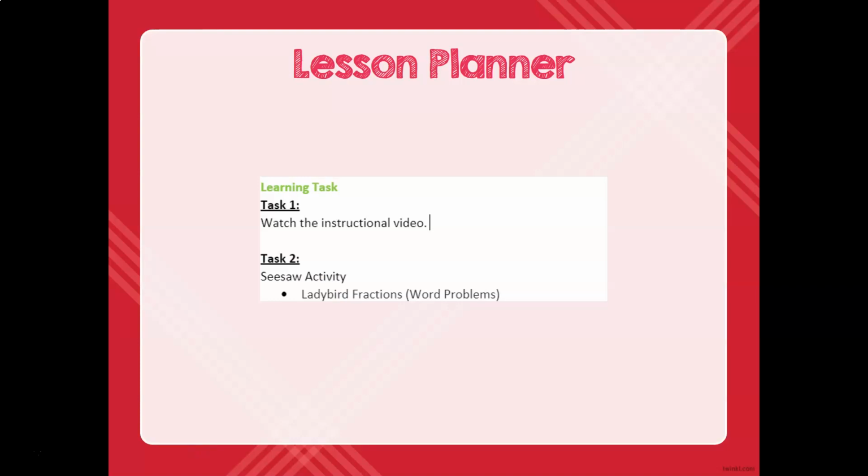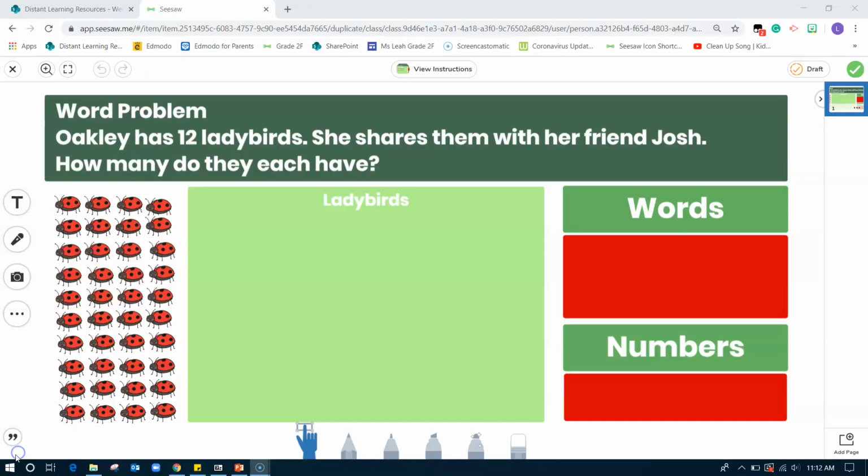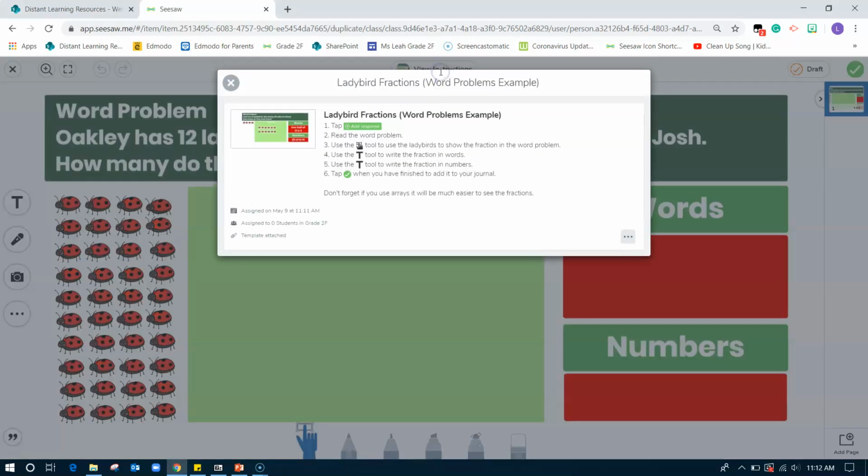Let's have a look at the lesson planner. Task 1, watch the instructional video. You've already done that. And task 2, Seesaw activity called Ladybird Fractions Word Problems. The first thing we should always do when we're doing a Seesaw activity is read the instructions.